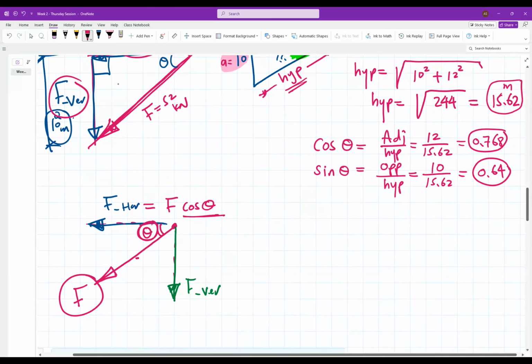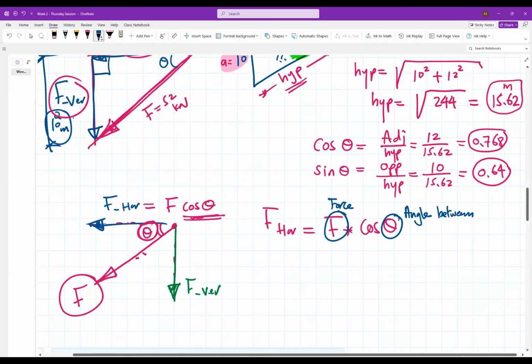So F horizontal will be F times cosine theta, where F is the force and theta is the angle between the force and the component. So for horizontal, take cosine in this case. Why? Because this is the component near to the angle.